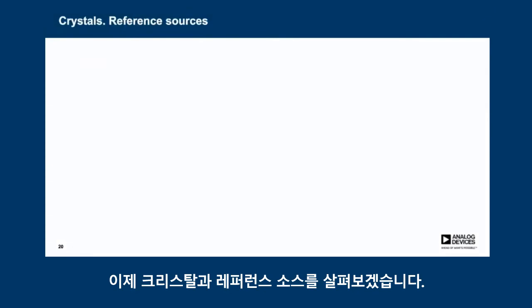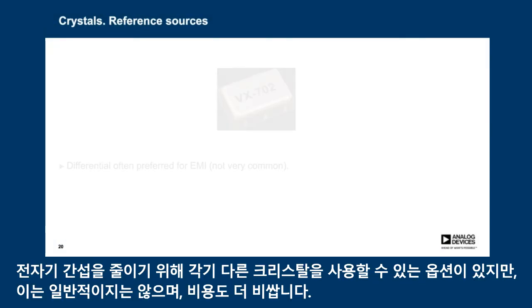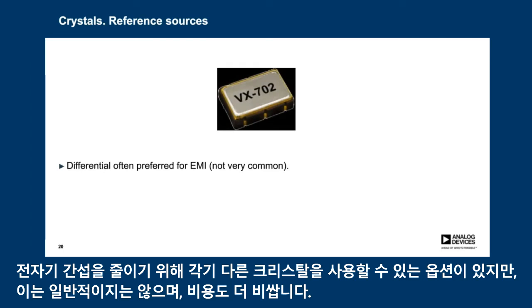Considering then crystals and the reference sources. So there is an option to use differential crystals, which can be preferred for lower electromagnetic interference, but they're not very common and they are more expensive.